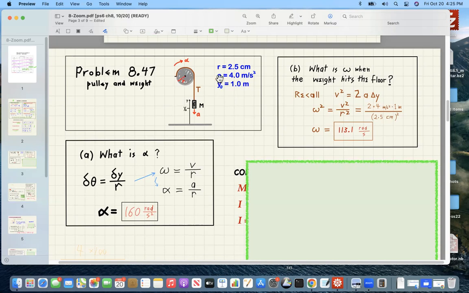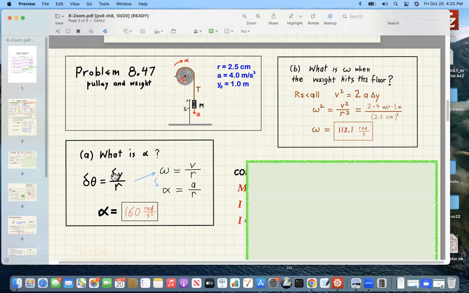Now, you're given the acceleration of the block. As the block moves down, that changes the angle, or the orientation, of the disk. In fact, let's call the coordinate y for the vertical coordinate.